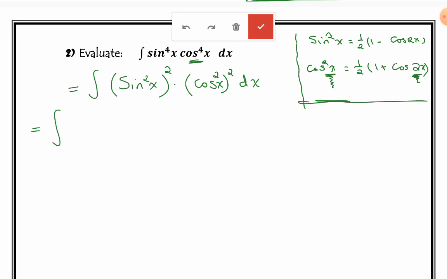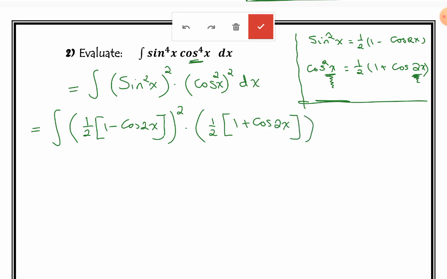So the integral of open parentheses 1/2 and then one more bracket 1 minus cosine 2x close the bracket, and this all to the power of 2, take care, times parentheses 1/2 and then bracket 1 plus cosine 2x close the bracket and the parentheses, and this all to the power of 2 dx equals the integral of, take care guys here, the squaring of this half is 1/4, and 1/4 from here and 1/4 from here, so it's 1/16.